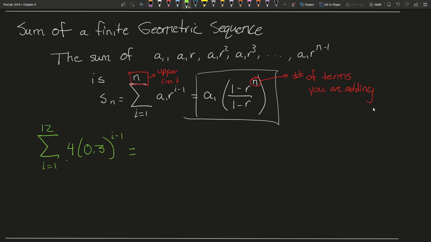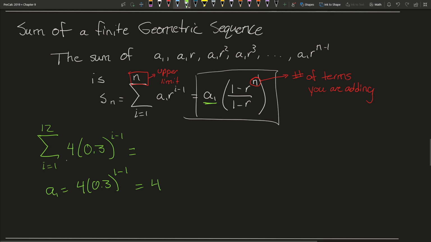In this case, we need a1. a1 would be 4 times 0.3 to the 1 minus 1, which simplifies to 4. 0.3 to the 0 power is just 1, and 1 times 4 is 4.